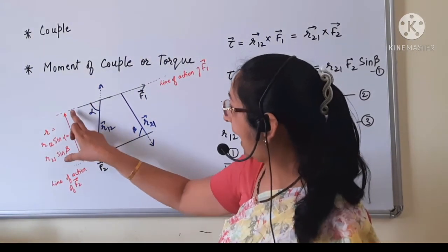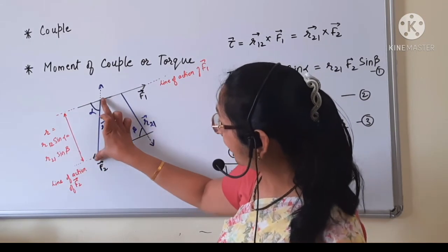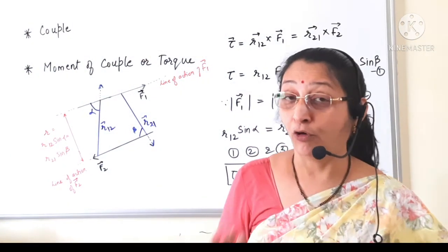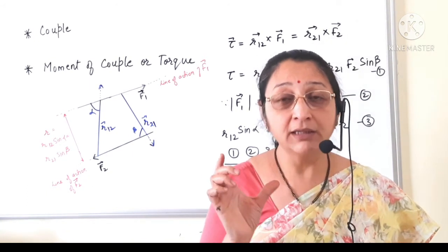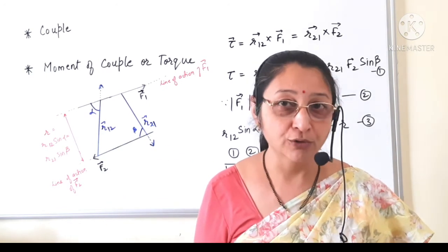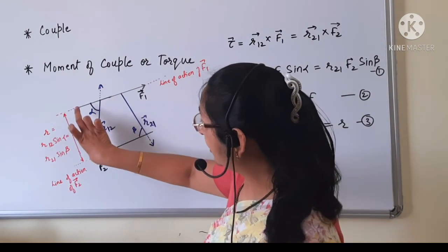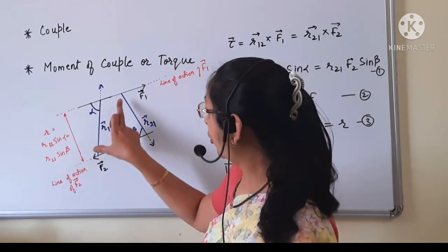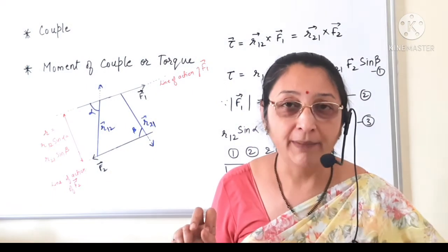Alpha is the angle. According to the geometry, the sine of an angle is the opposite side upon hypotenuse. So here r12 sine alpha is r, and r21 sine beta will also be r, according to the trigonometry.